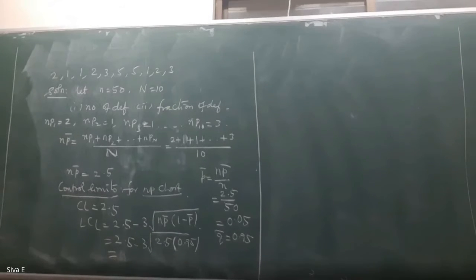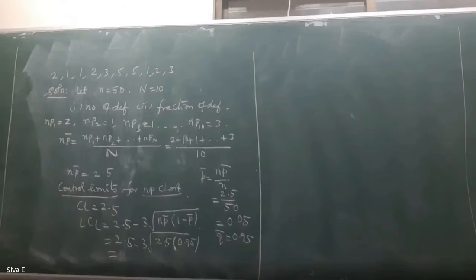What is the value of this? 2.5 minus 3 into square root of, what is the value? So minus 2.12.